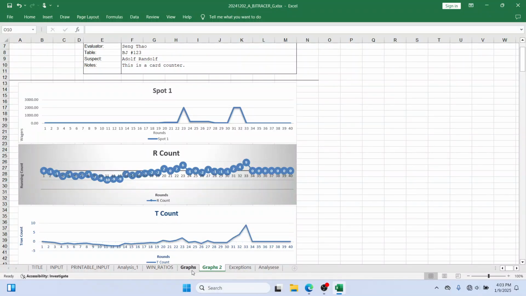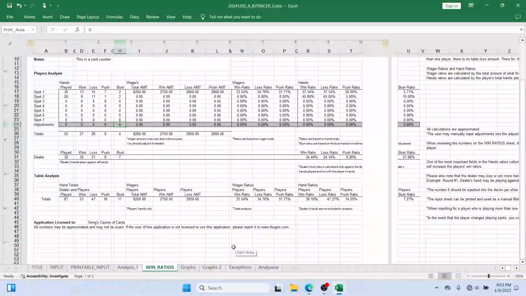That's where you have to look and combine the win ratios. And then if you combine the players' betting, you can see that as a team, the entire table actually won more money than they lost. So that's something to analyze.